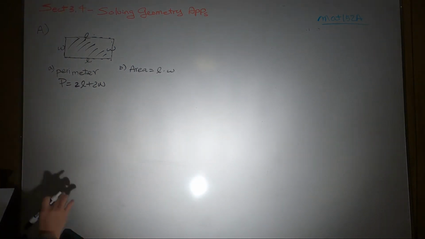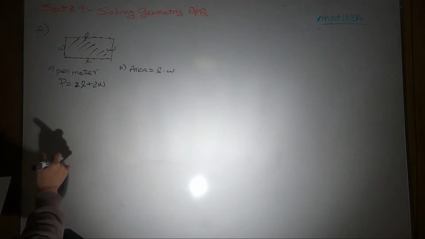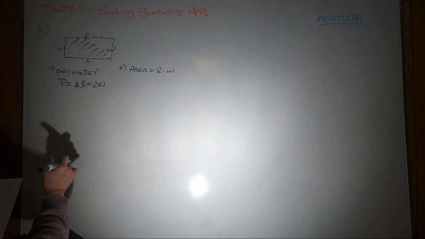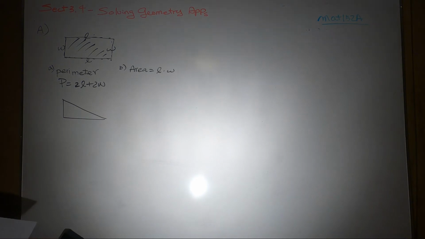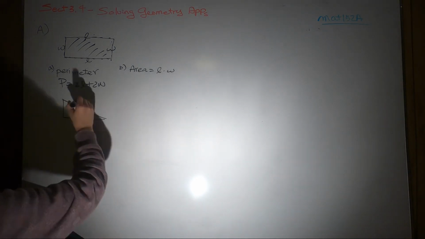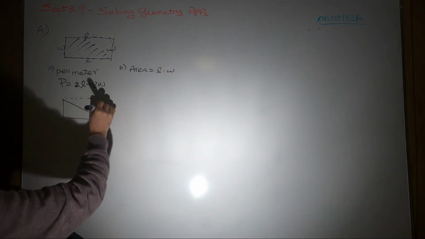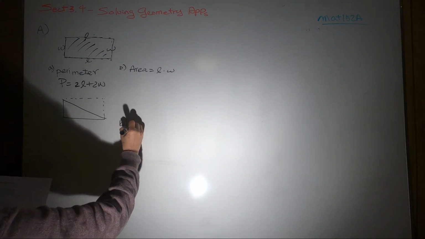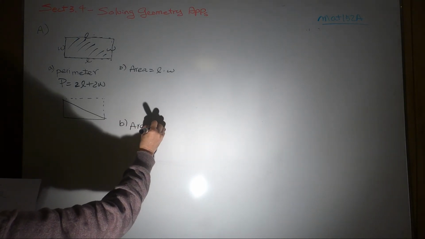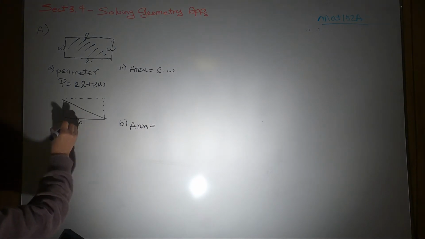Then how about a triangle? What do you think? Triangle would be half of the rectangle, right? So the area should be base times height.